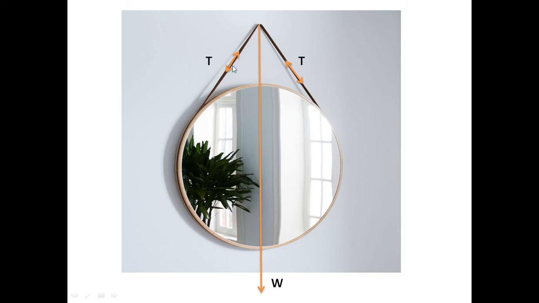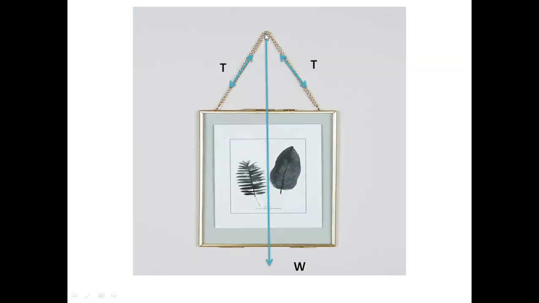Now this is the tension of the thread shown here, and the weight acts towards the earth. So they meet at the same point. Here also you can see three inclined forces, and they meet at the same point. This tension and weight of the picture acts towards the earth.